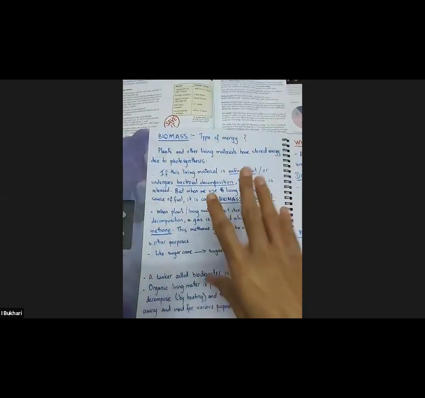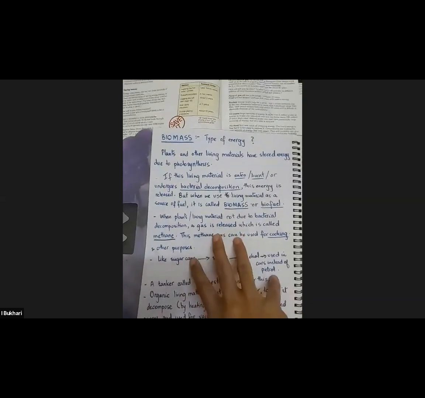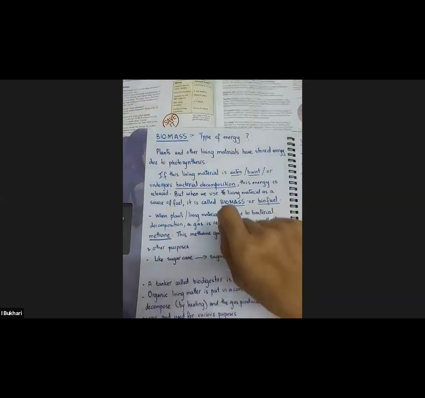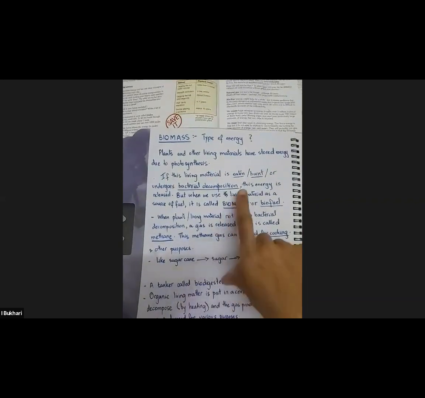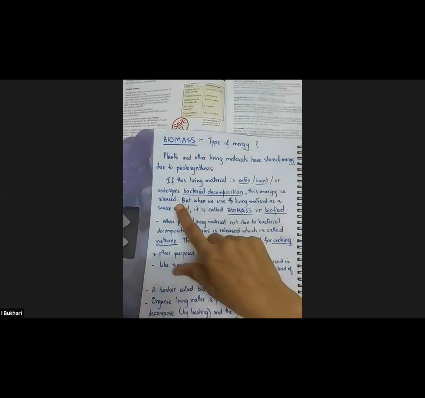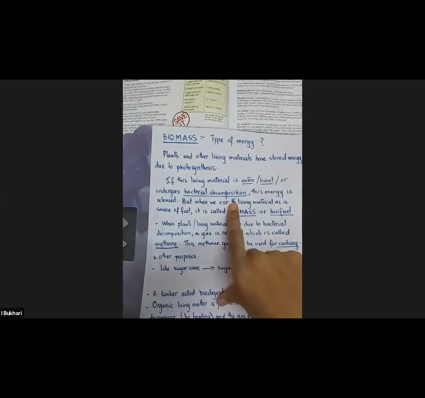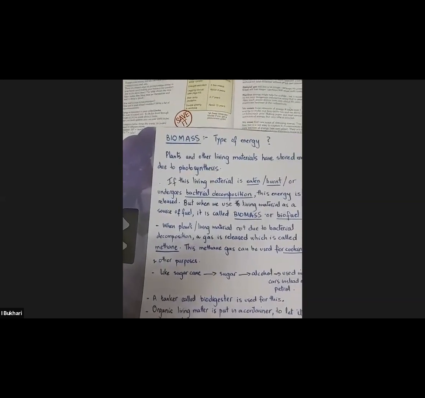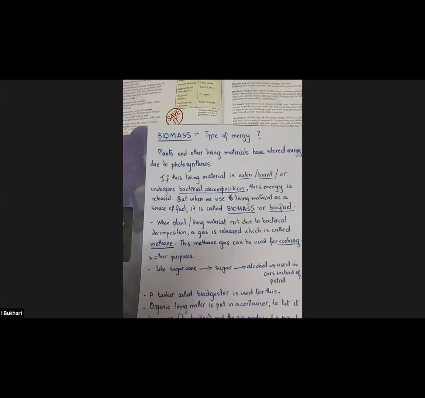Now that energy, which is stored in the bodies of living materials, can be released when that material is either eaten or burned, or if it undergoes bacterial decomposition. Why do we eat? Because that energy is released into our body when our body digests it, right?